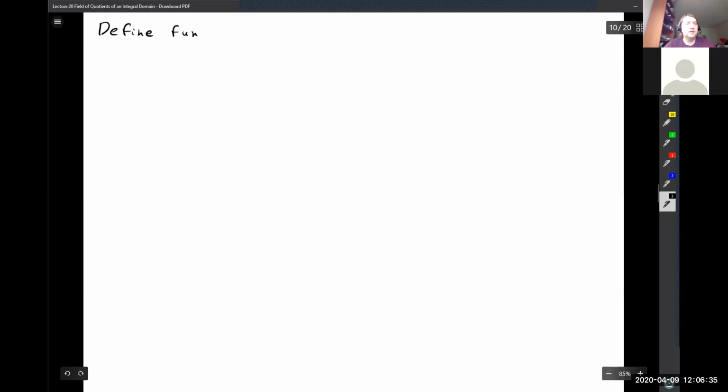Define a function psi from F to L by the following formula.